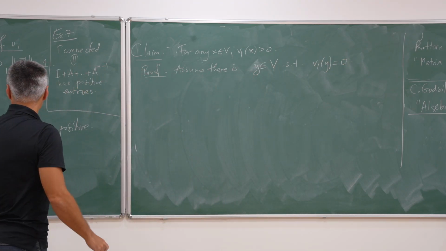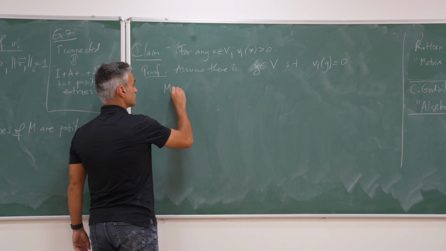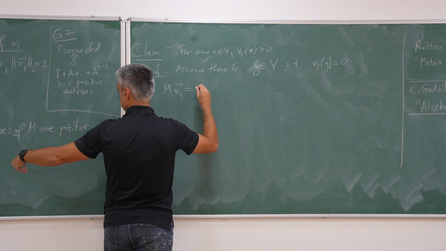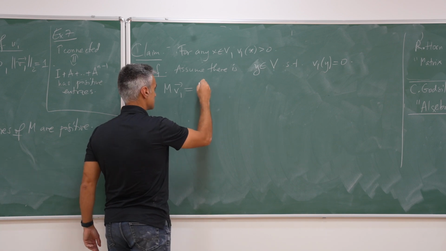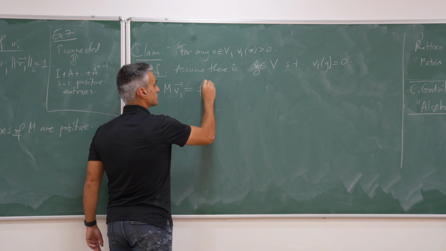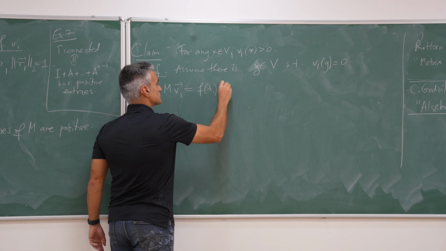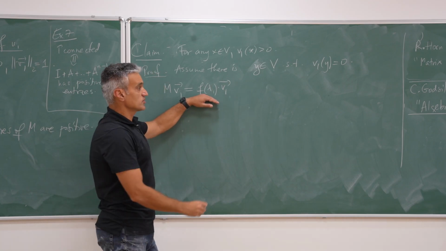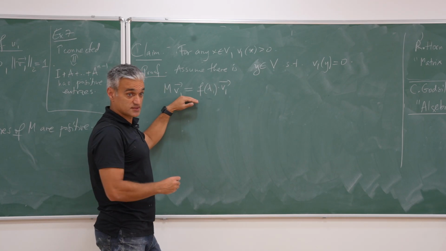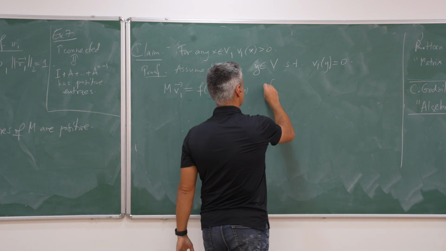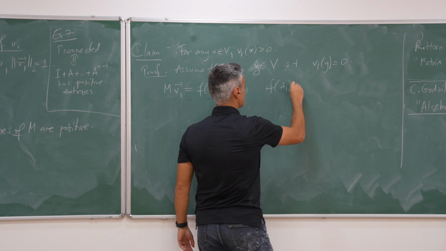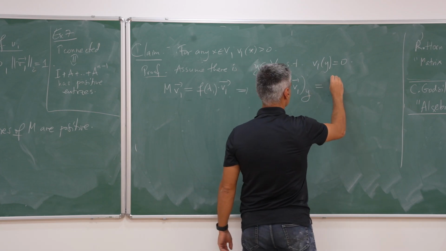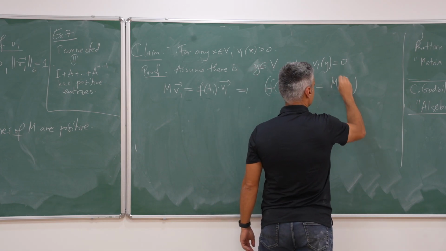Now here I have M V1 equals something positive, let's call it f of lambda 1 times V1. So now we look at the entry y in both of these places. So f lambda 1 V1 in the position y equals M V1 in the position y.